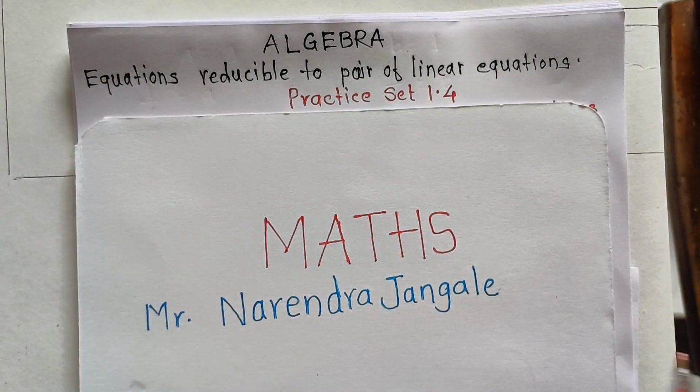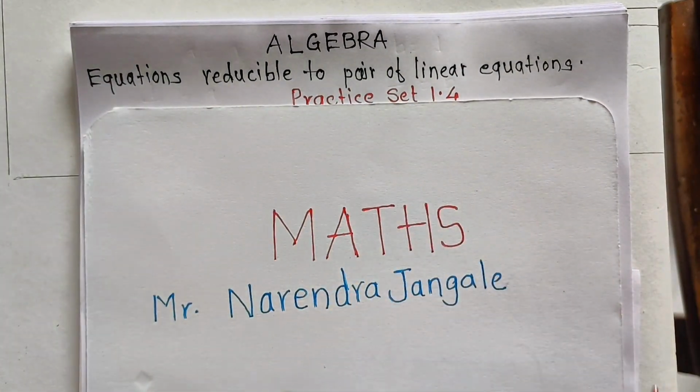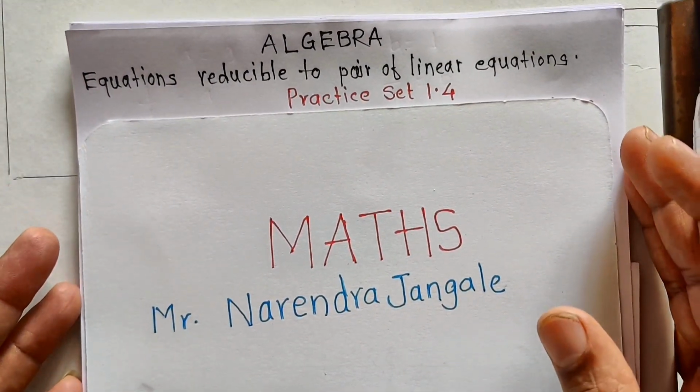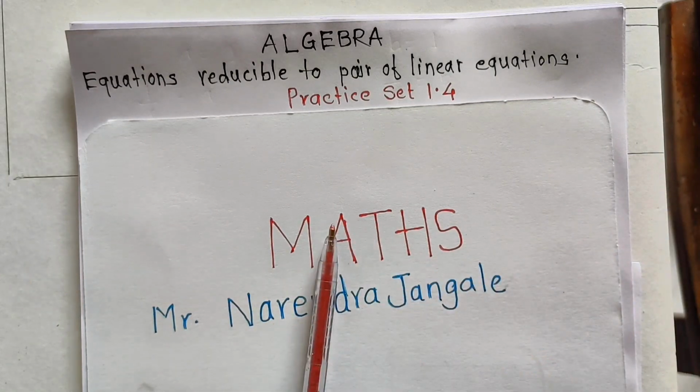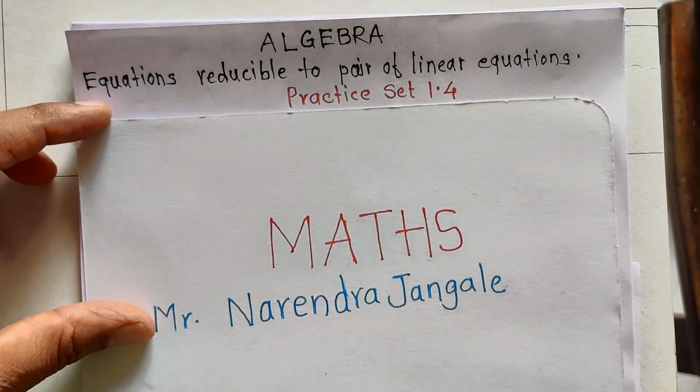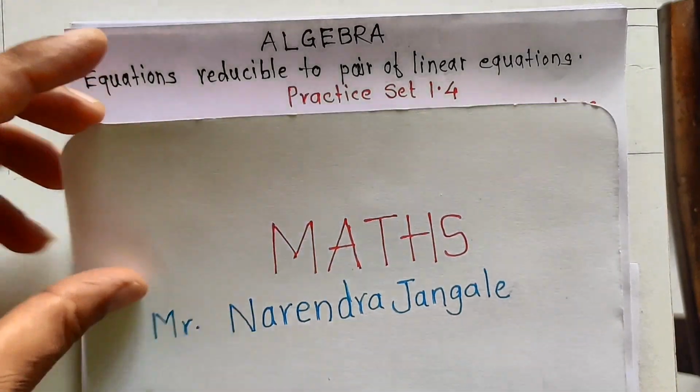In this practice set, if we observe the equation, it is not a linear equation by observation, but we can convert it into a linear equation and then solve it. So without wasting time, let us start practice set 1.4.